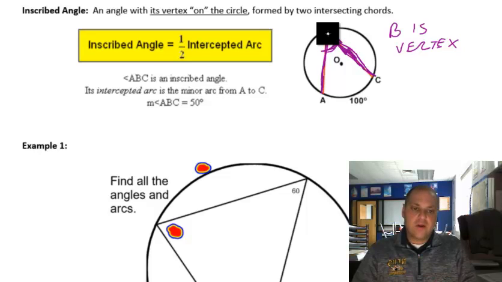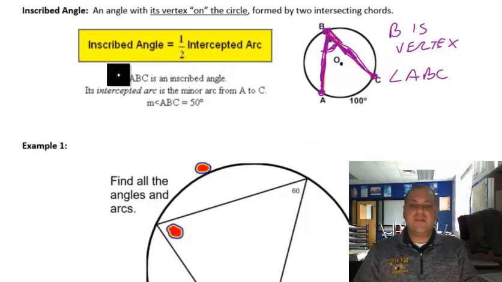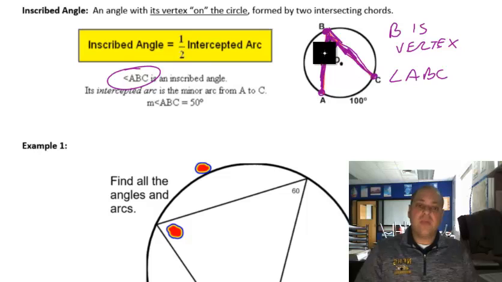I want to be very clear here. All right? So it's A, B, C. Angle ABC is the inscribed angle.